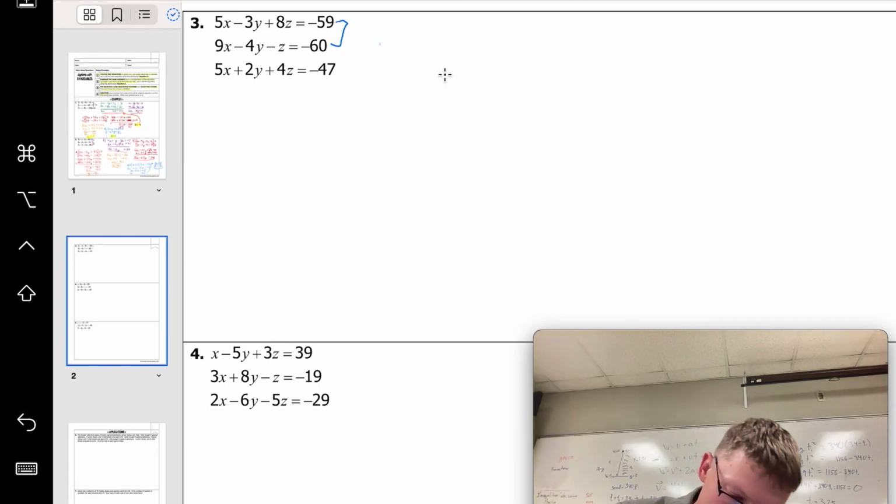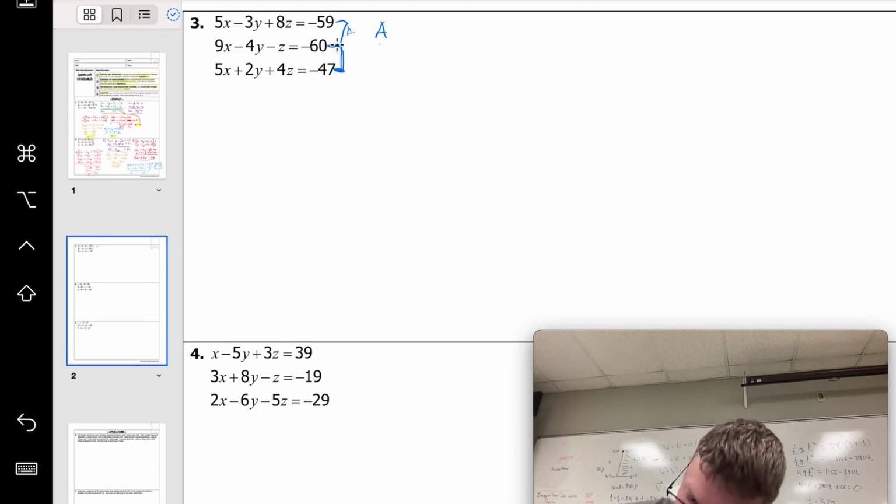So that's our A equation, and then our B is going to be these two. Again, we're going to use that z, and make it equal that 4 for the second one.